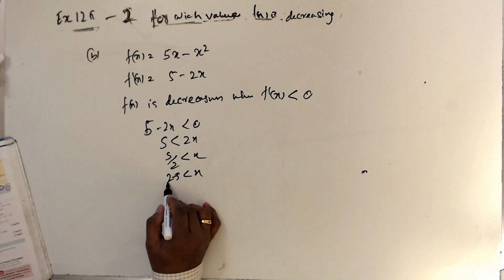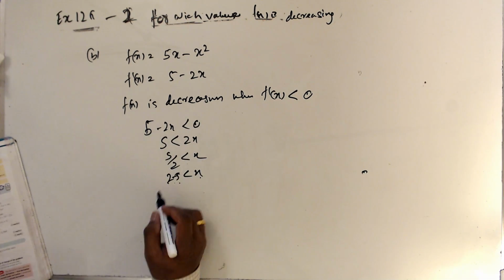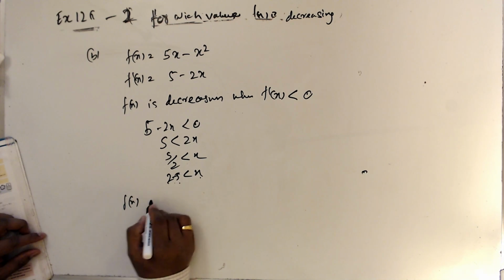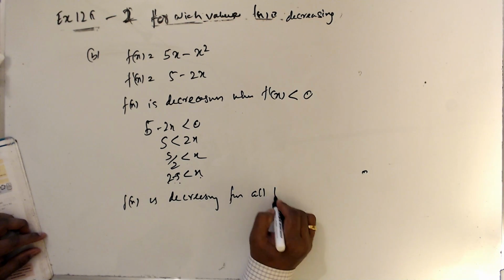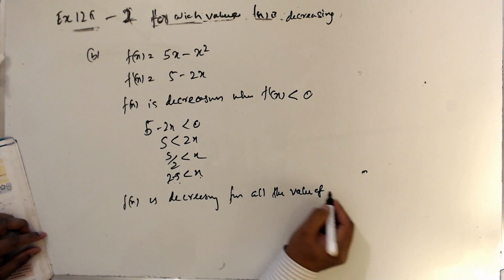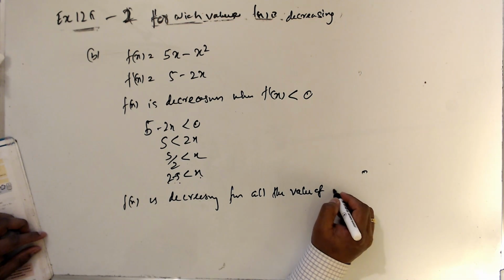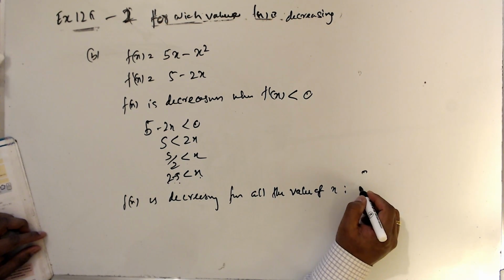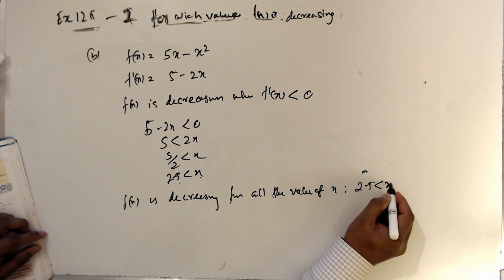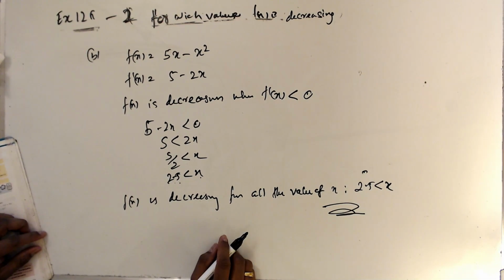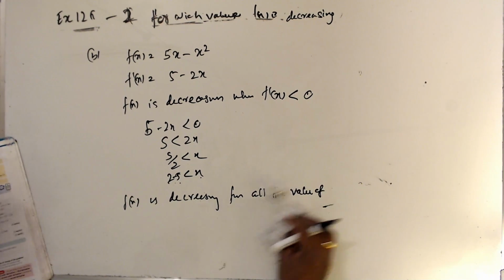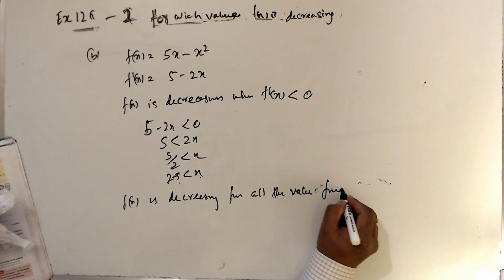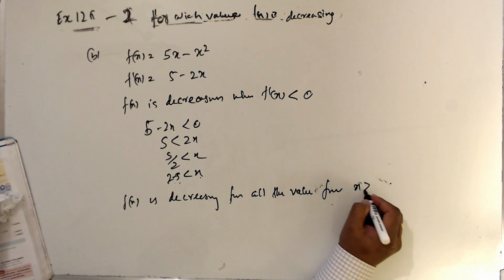So for all values of x greater than 2.5, the function is decreasing. f x is decreasing for all values of x greater than 2.5.